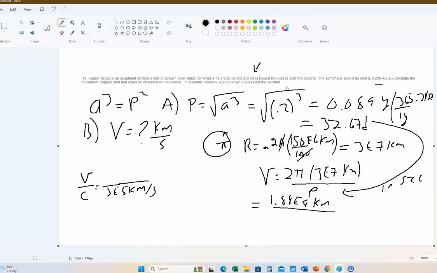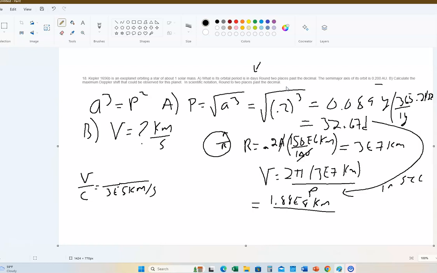And then what I'm going to do is turn this 32.6 days into seconds. Actually, I'm going to do the unrounded version of it. So it's the square root of 0.2 raised to the third, times 365.2422, equals 32.668 some days.